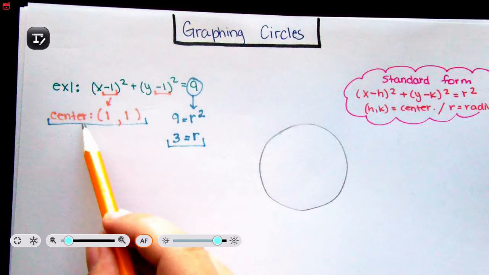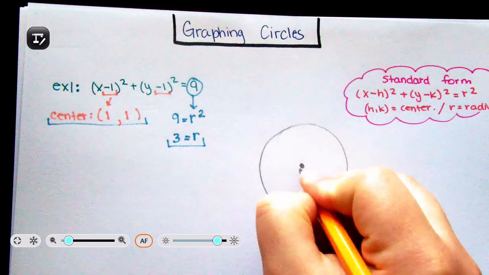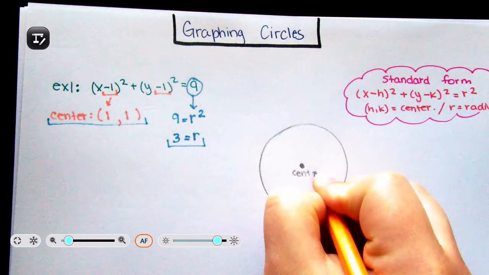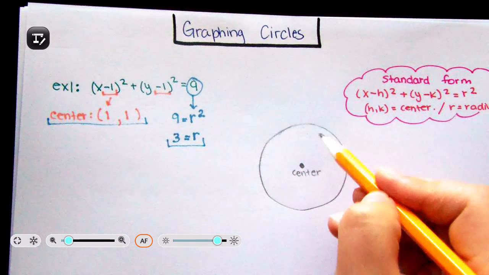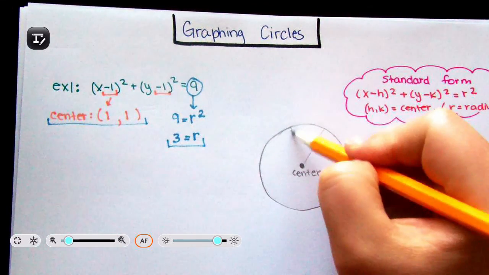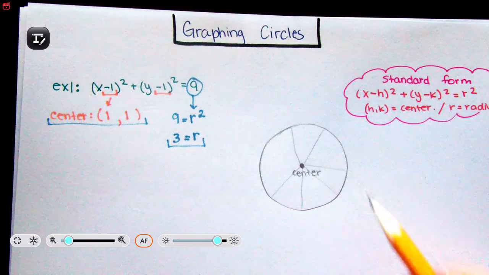So what we mean about our center point is the location of this point here. The radius is the distance from the center to the outer point. Now, we all know that the distance is the same no matter where it is.